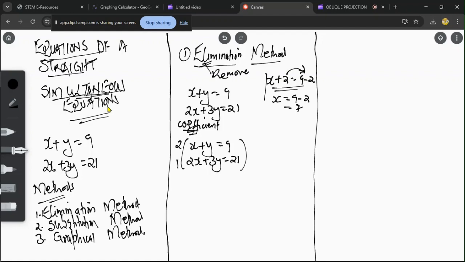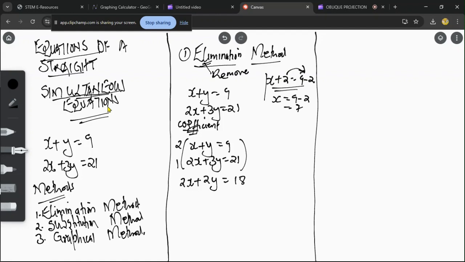If I do that, 2 multiplied by x gives me 2x, plus 2 multiplied by y gives me 2y, equals 2 multiplied by 9, which gives me 18. So I have multiplied everything. Don't just multiply x alone, but everything on the other side.